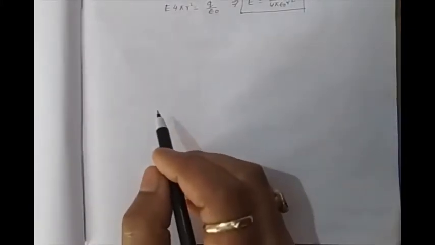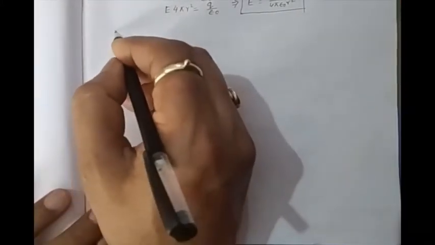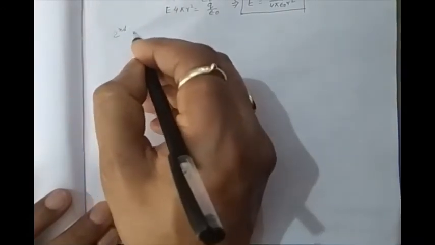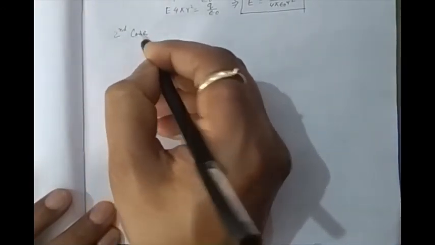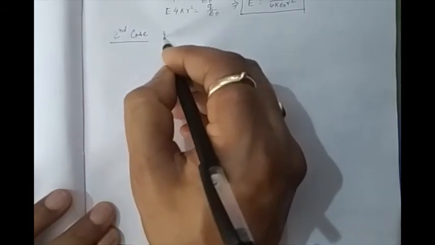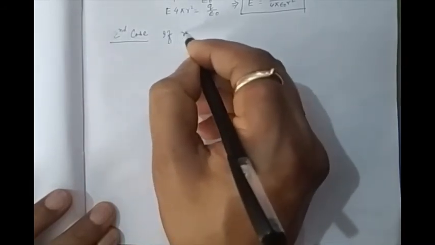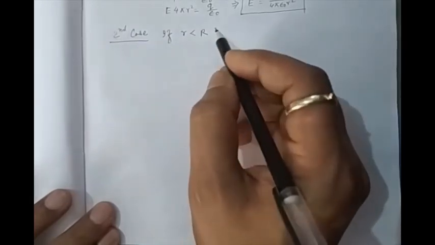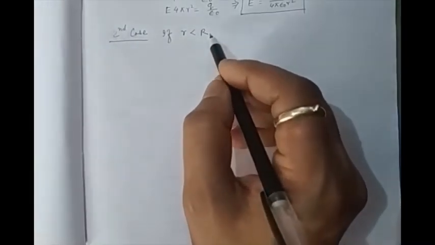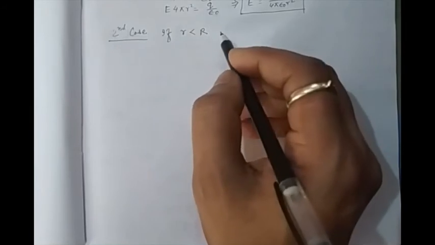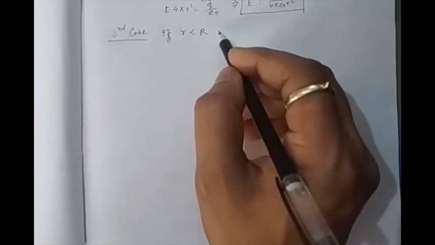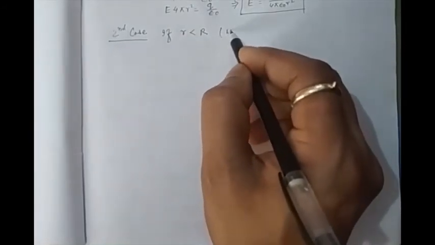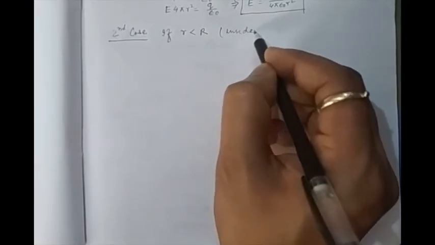Now, second case, that is, if small r is less than capital R, it means the point lies inside the cell or hollow sphere.